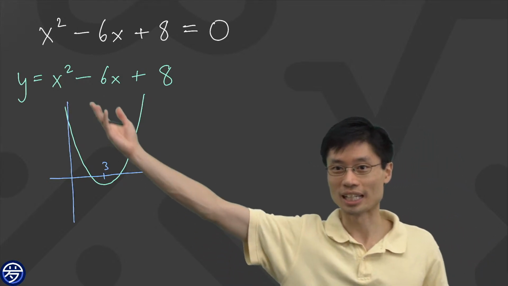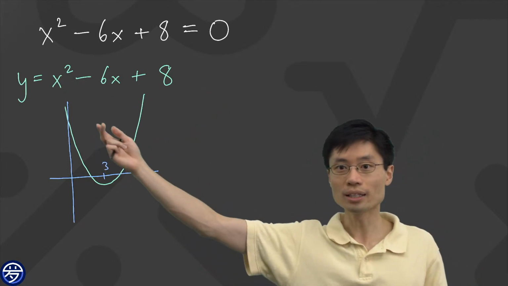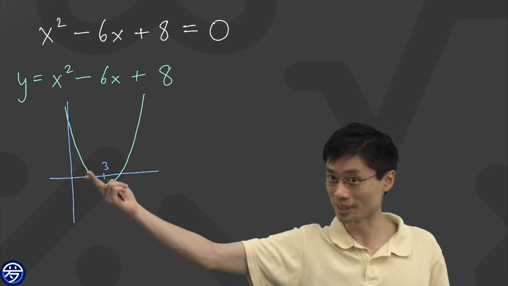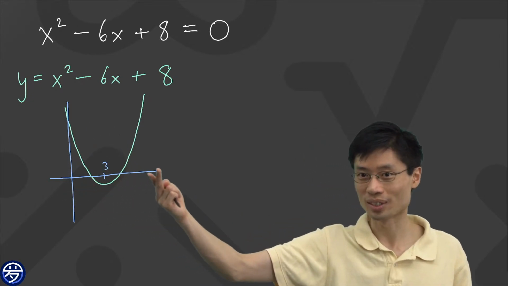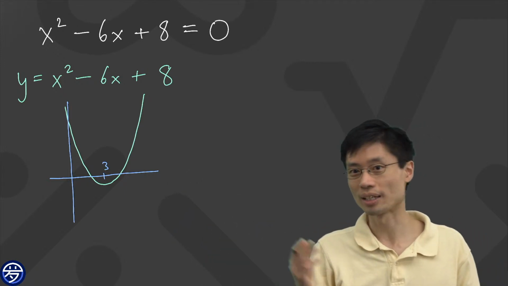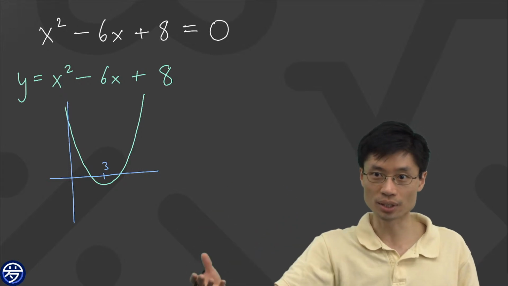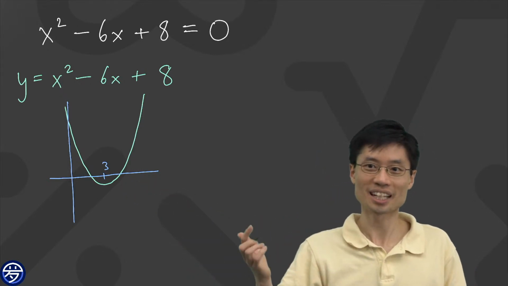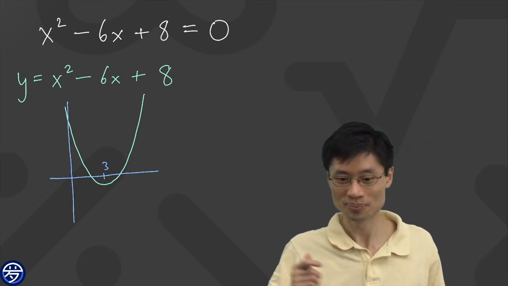What I'm trying to say is, when does y equal 0? That means when does the parabola cross through the x-axis? In general, whenever you want to know when an equation equals 0, you graph it as y equals something, and check when it passes through y equals 0, which is also the x-axis.